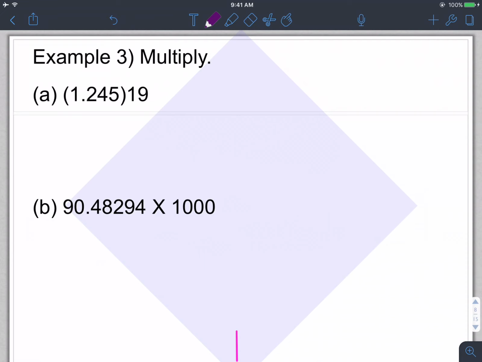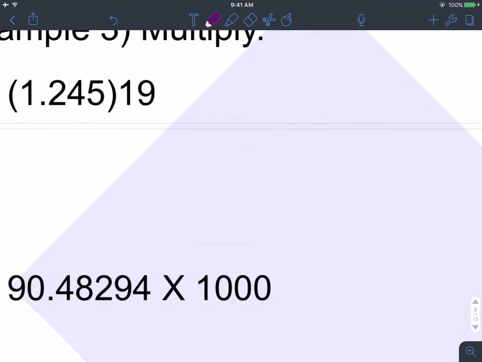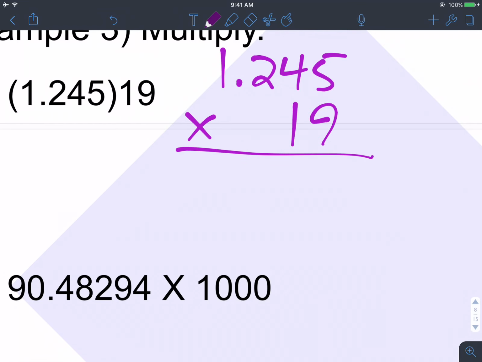All right, now multiplying. And just like you mentioned before, it's going to be exactly like with whole numbers. We're going to multiply in the same way. 1.245 times 19. I guess if you're going to do it by hand, you know, when you multiply, you actually don't have to line it up because I'm going to account for it later.